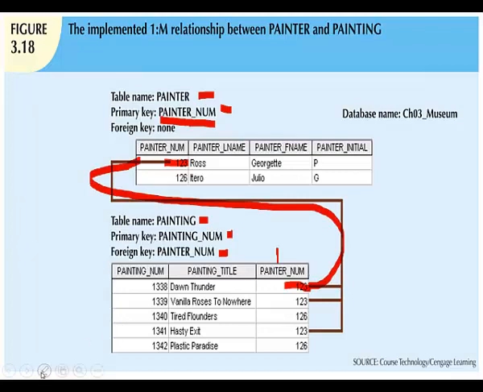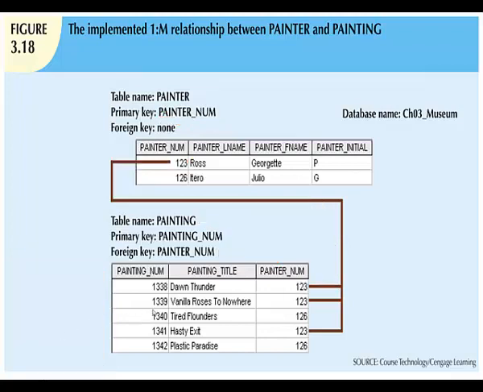And we can see here that for one instance of painter, we have three instances of painting: Dawn Thunder, Vanilla Roses to Nowhere, and Hasty Exit. One instance to many instances.